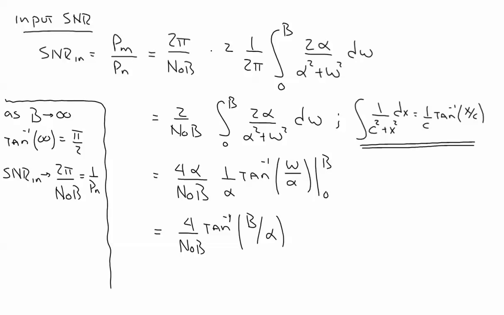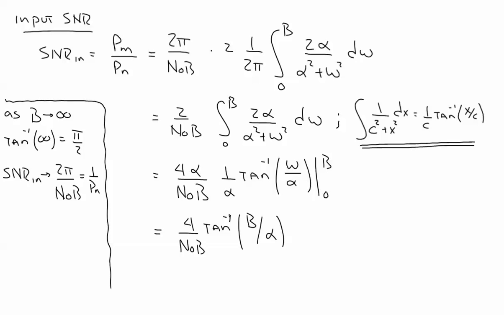Remember, I'm talking about a white noise process that has a constant power spectral density for all frequencies. As the bandwidth gets larger and larger, the noise power gets larger and larger, approaches infinity. 1 over infinity is 0.